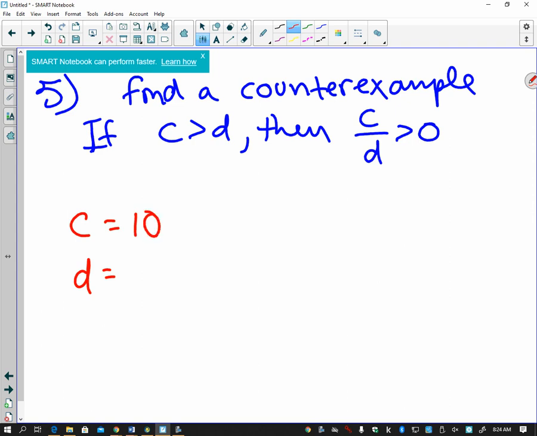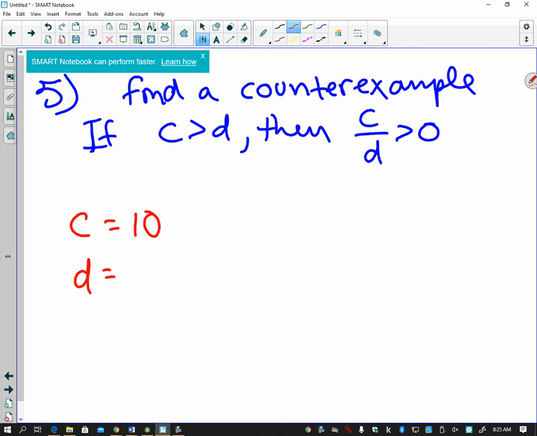What would be true of D? It has to be something that's less than 10, right? But whenever I divide 10 by it, I get something that's less than 0. What's smaller than 0? A negative value, right?